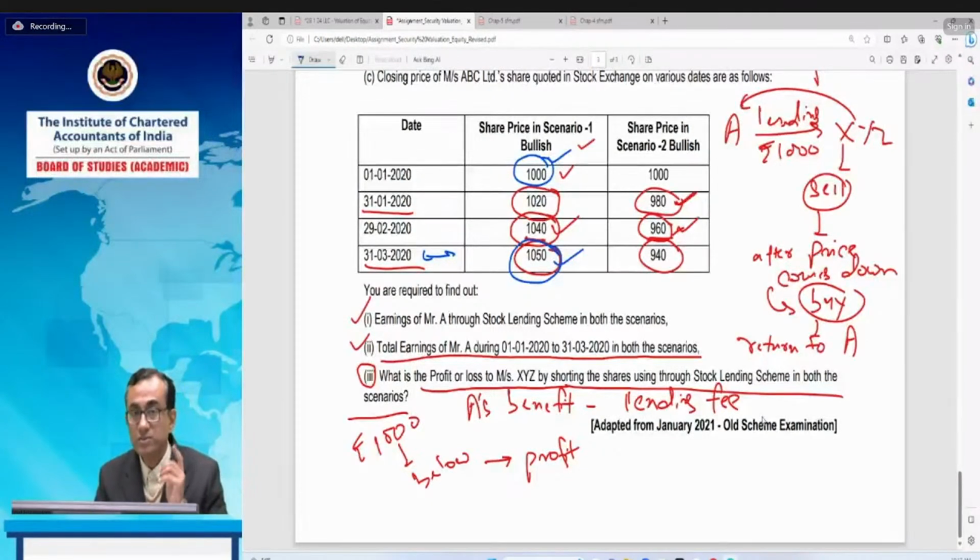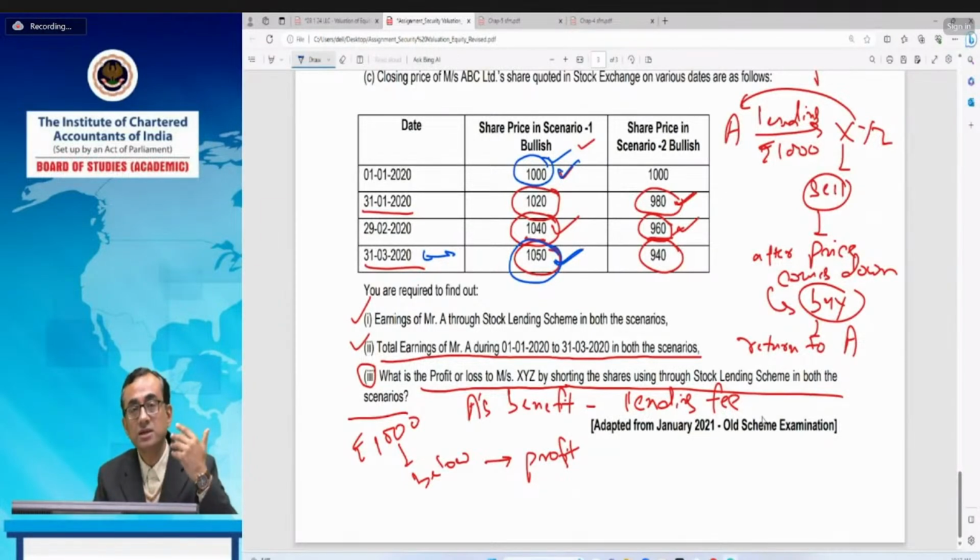So he has to purchase at 50 rupees higher. The lending period is for 3 months only, so at the end of the 3 months, the prices have not fallen in scenario 1.